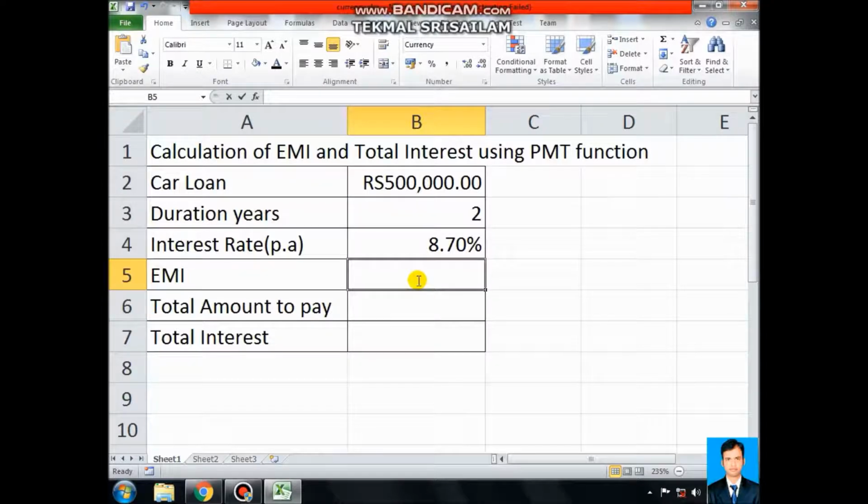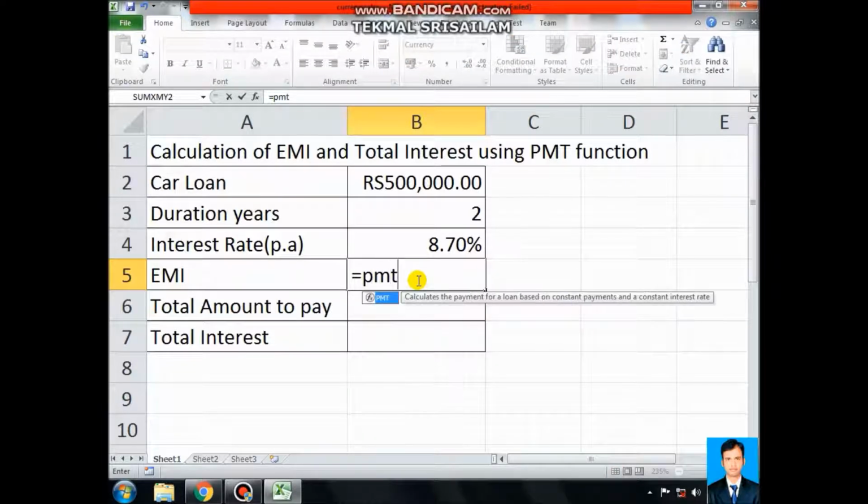PMT is equals to PMT, rate. This rate is per annum, so I will divide it by 12, comma, number of periods. The duration is 2 years.